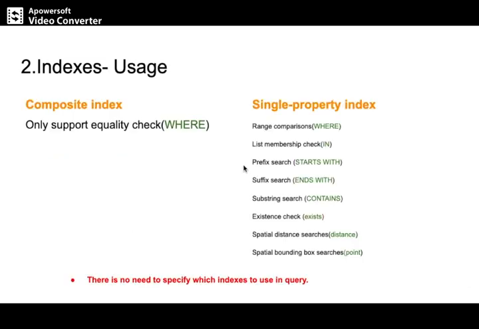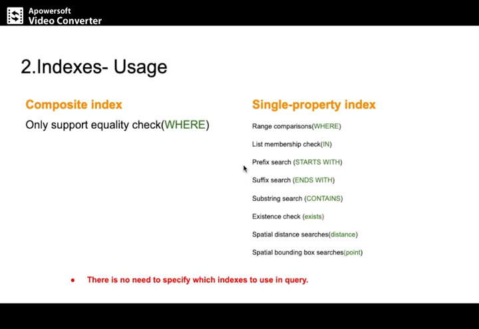We can create two kinds of indexes in neo4j. One is the composite index, which is based on multiple properties, and the other is the simple property index, which is only based on one property. A composite index can only support equality checks, while we can use a single property index in multiple ways.